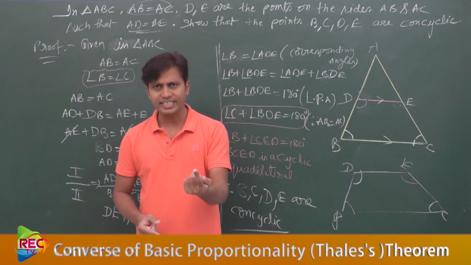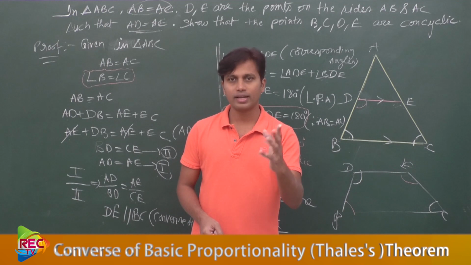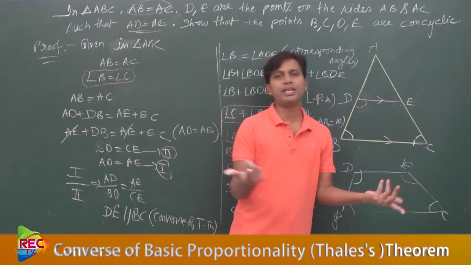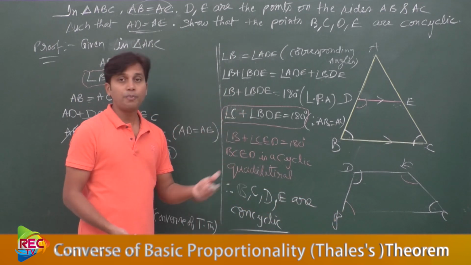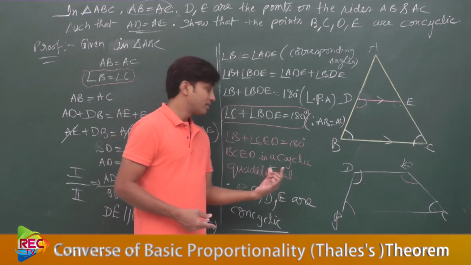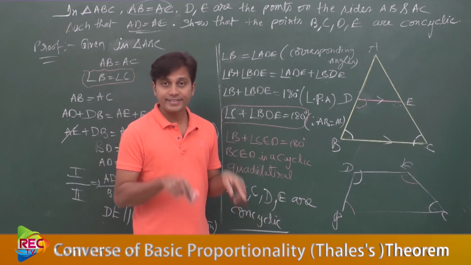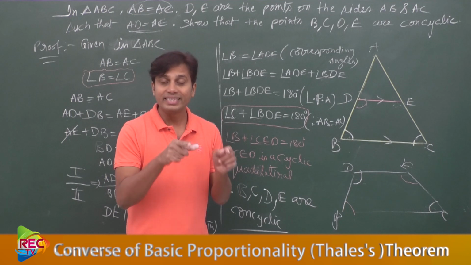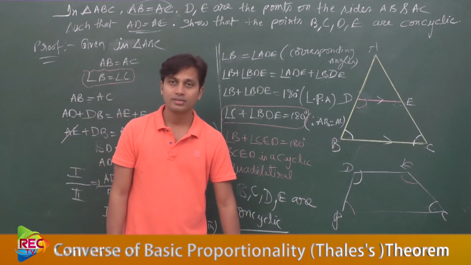So only 180 degrees is left because the sum of the angles is 360 degrees in a quadrilateral. So obviously the remaining pair of opposite angles would also be 180 degrees, so supplementary. So when two pairs of opposite angles are supplementary in a given quadrilateral, then it is a cyclic quadrilateral. When it is a cyclic quadrilateral, obviously all the vertices lie on the circumference of a circle and they are known to be concyclic points, and we proved it.